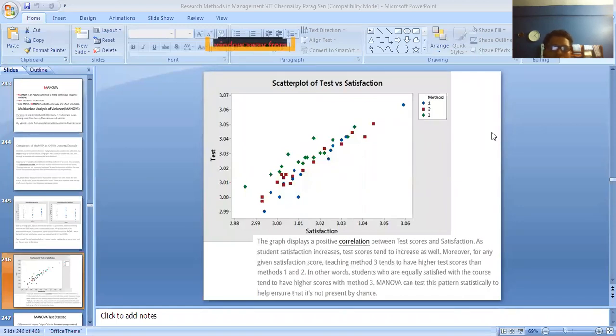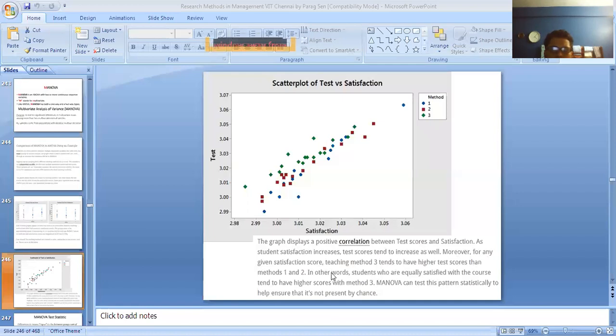The graph displays a positive correlation between test scores and satisfaction. That means as the satisfaction score increases, the test score is also increasing. As student satisfaction increases, test scores tend to increase as well.